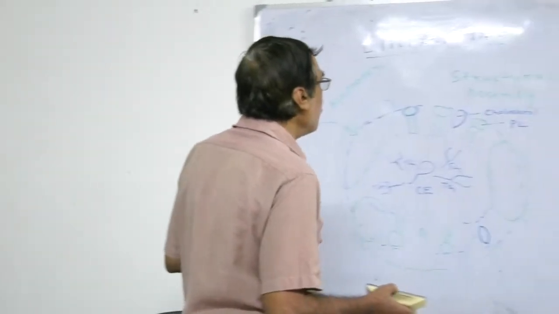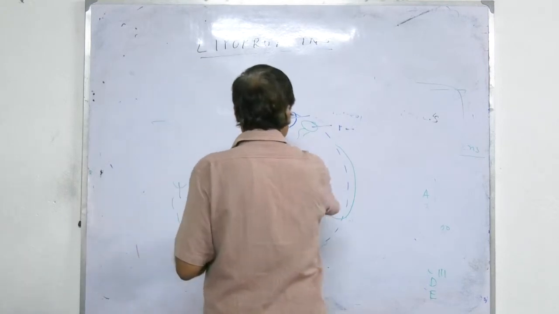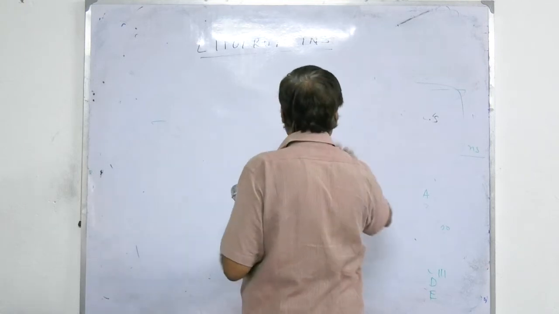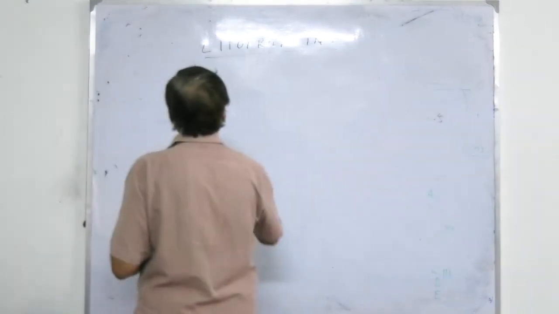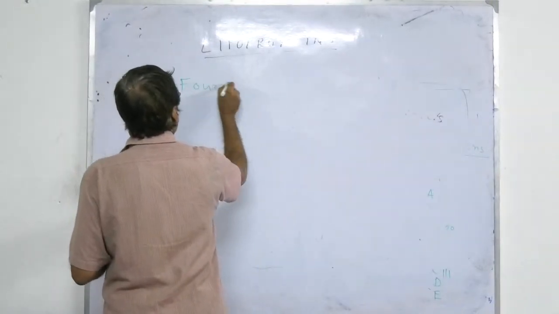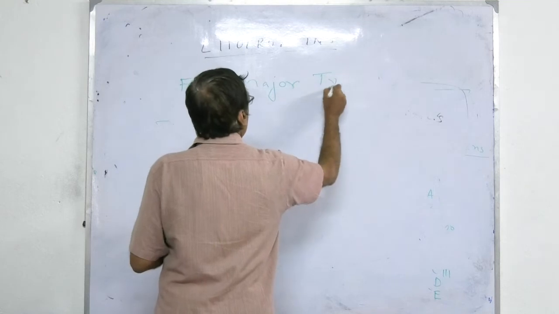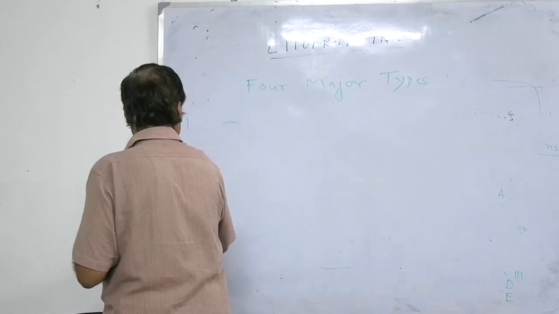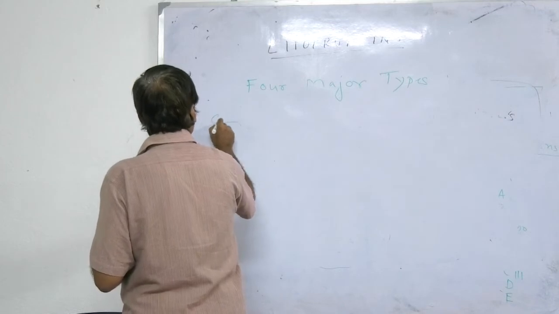Generally there are 4 major types. First one is the chylomicron.